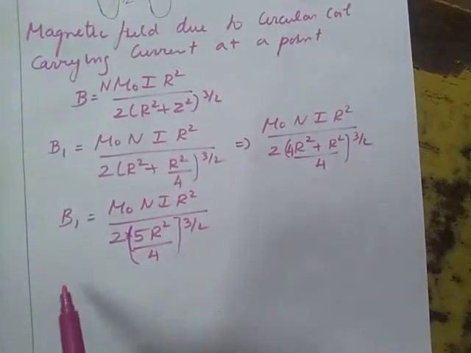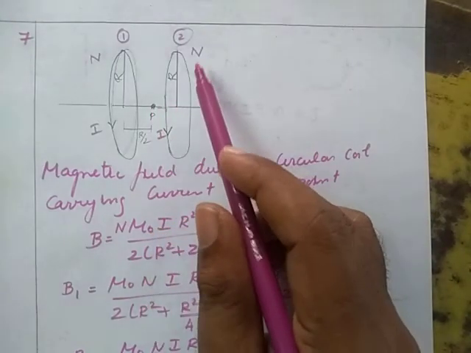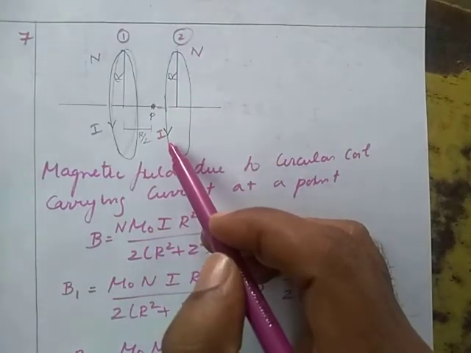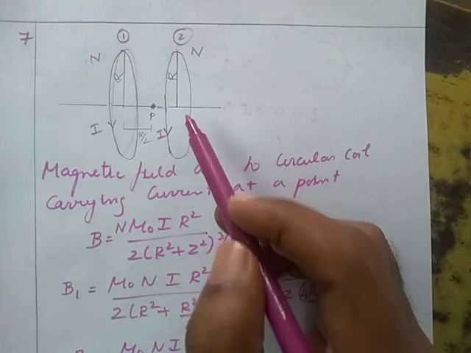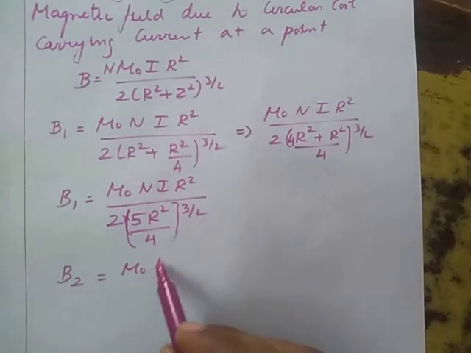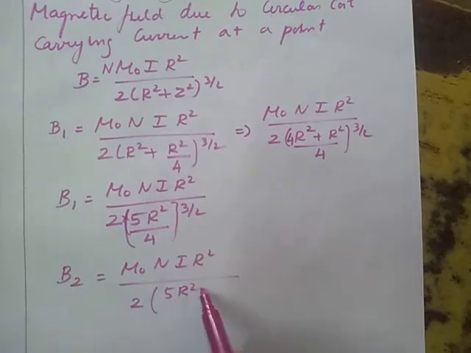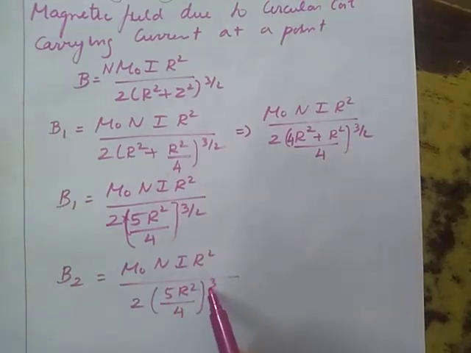So then B2 can be written as, it produces the same magnetic field because it has the same number of turns and current flowing in the same direction. So we can write B2 as mu naught N I r square by 2 into (5 r square by 4) power 3 by 2.